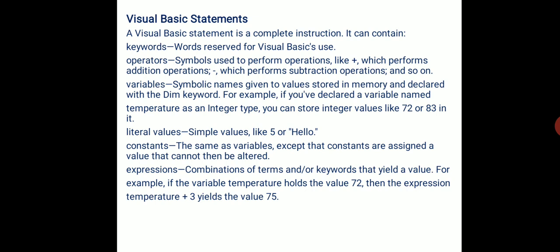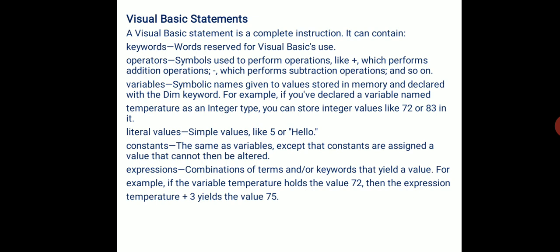Okay, so like that, literal values are simple values, and constants are the same as variables, except that constants are assigned a value that cannot be altered. Okay, and expressions are a combination of all terms and keywords that yield a value. For example, if the variable temperature holds the value 72, then the expression temperature plus 3 yields the value 75.